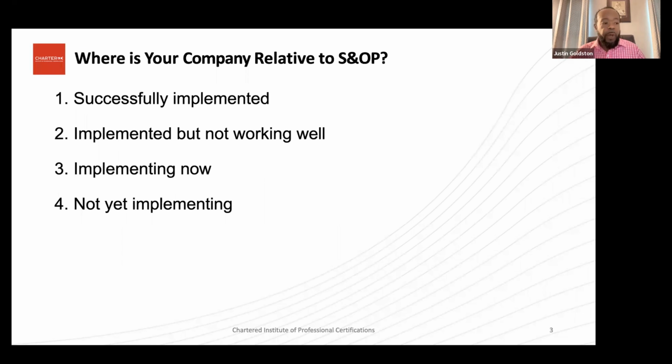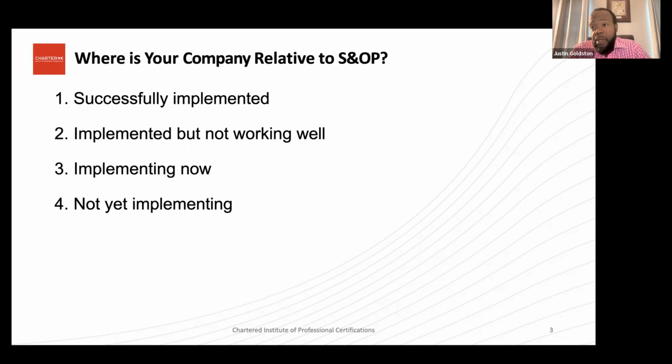So just very quickly, think to yourself, at the current state within your organization, where does your organization fit in terms of adopting S&OP? Have you successfully implemented S&OP? Have you implemented, but it's not working well?